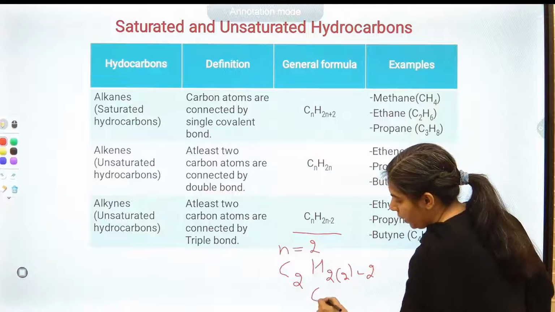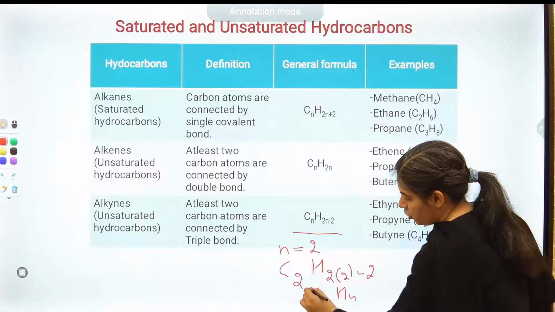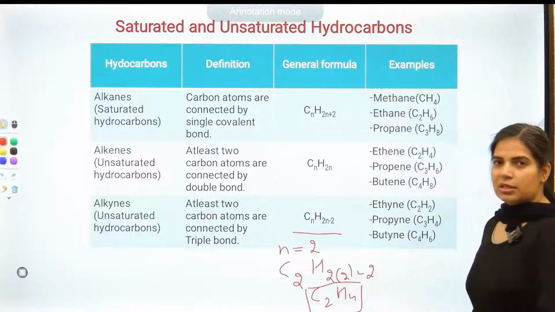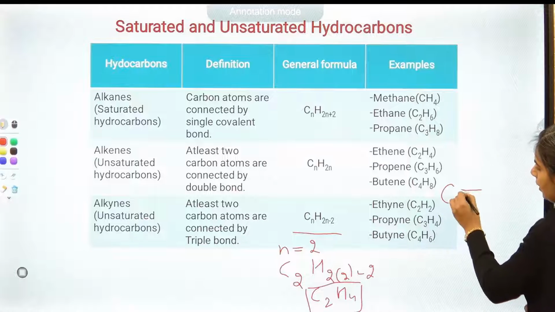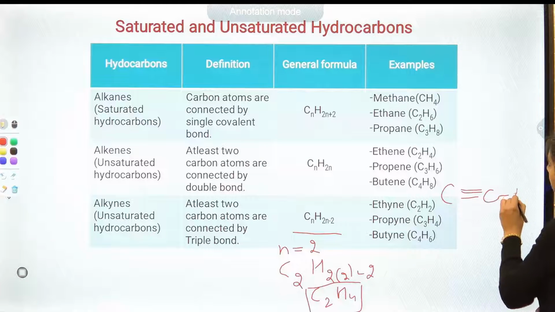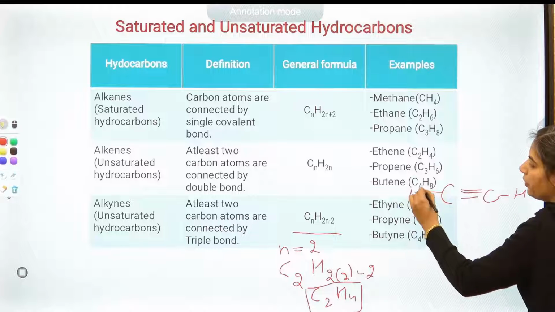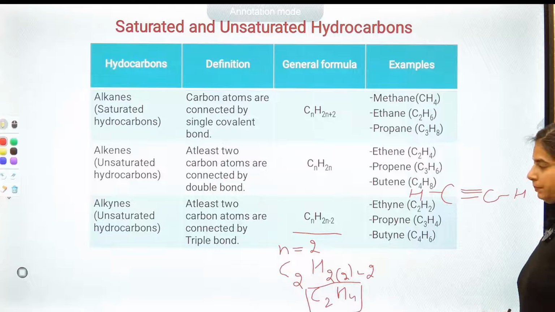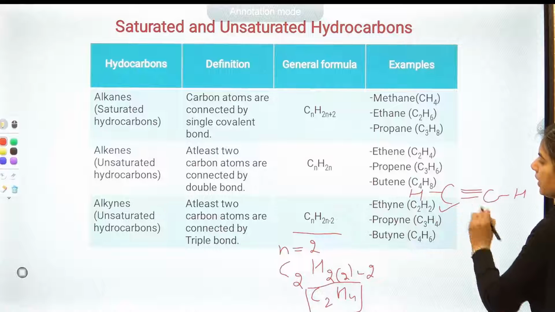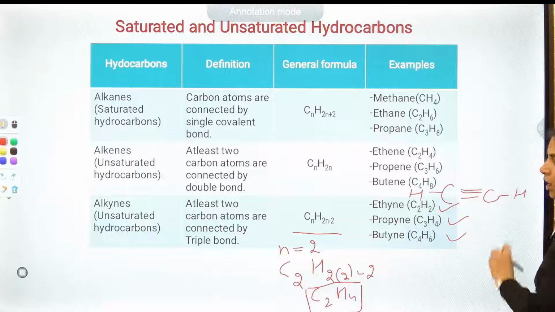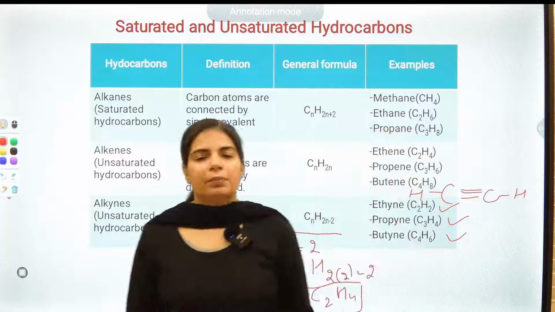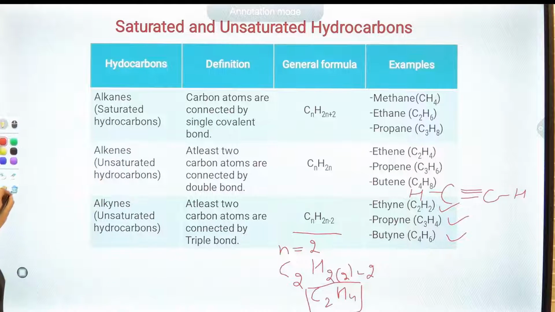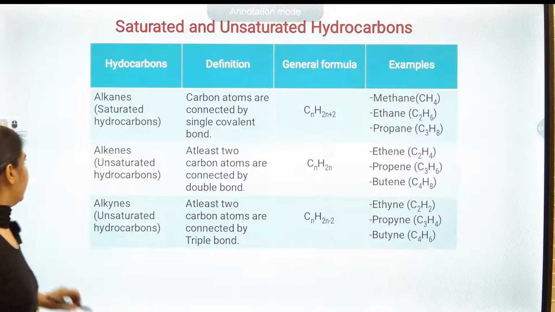It means in case of alkynes, there is a carbon-carbon triple bond and with each carbon there is one hydrogen. So the examples are ethyne, propyne and butyne. All these compounds contain triple bond. Let's move to next slide.